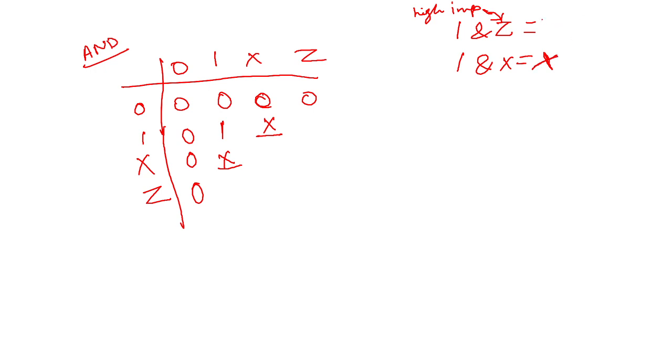Z is a high impedance state, so if I have a value which is floating, I will have a high impedance state, but in Boolean logic it has to settle either to 0 or 1, so we don't know what the value is.